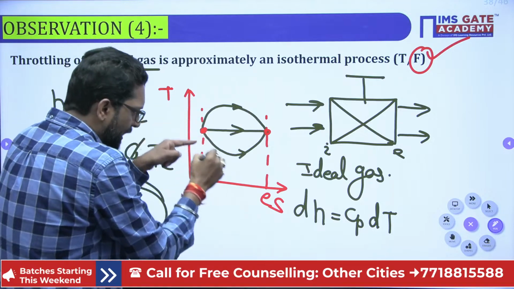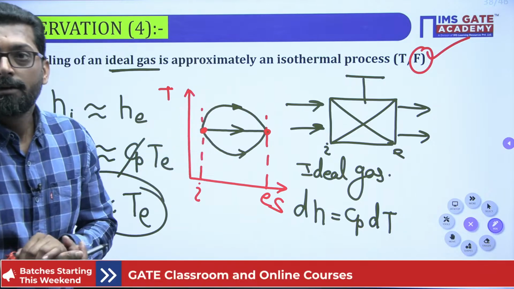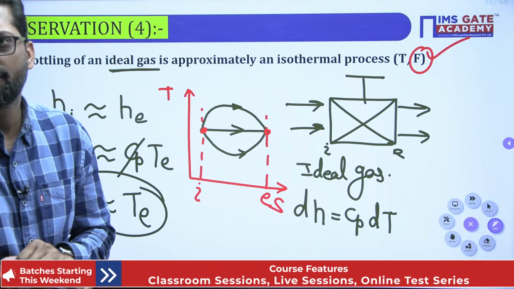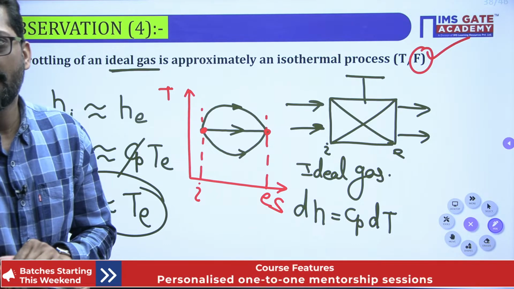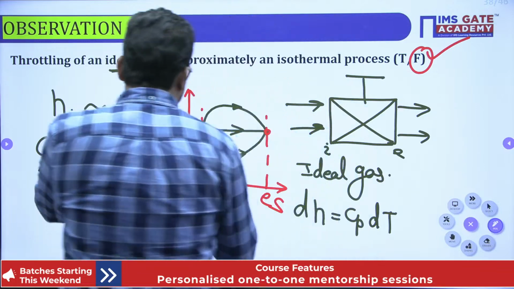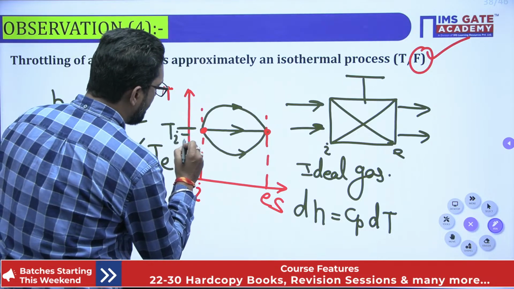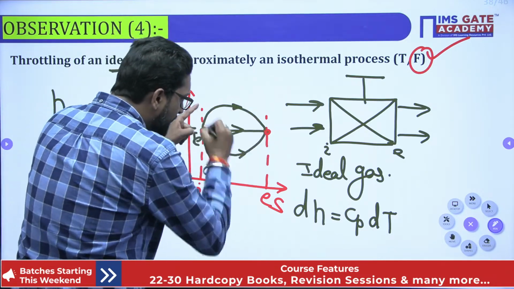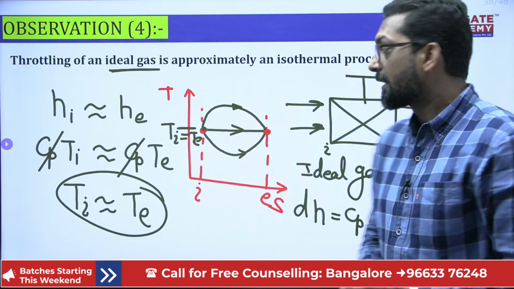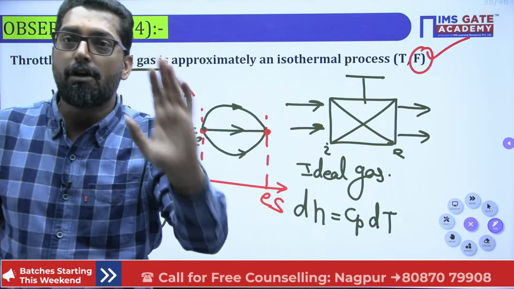But we cannot say that it is constant throughout. Temperature at inlet Ti is the same as the exit temperature, but it is not necessary throughout. So we cannot say that this is an isothermal process. That means this statement is false. Is it clear, yes or not, please?